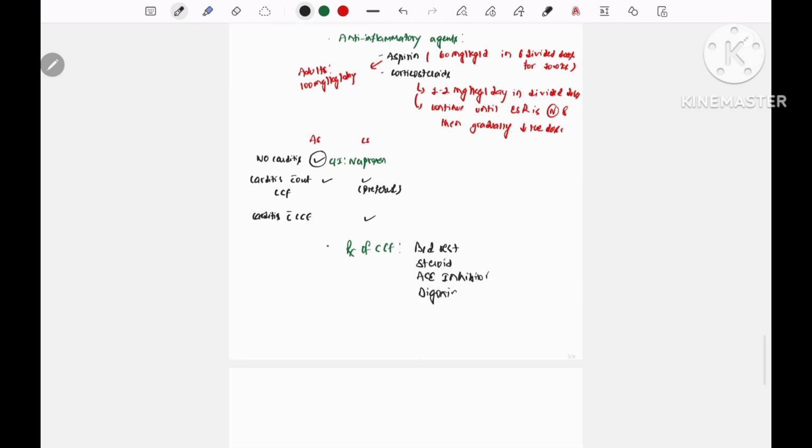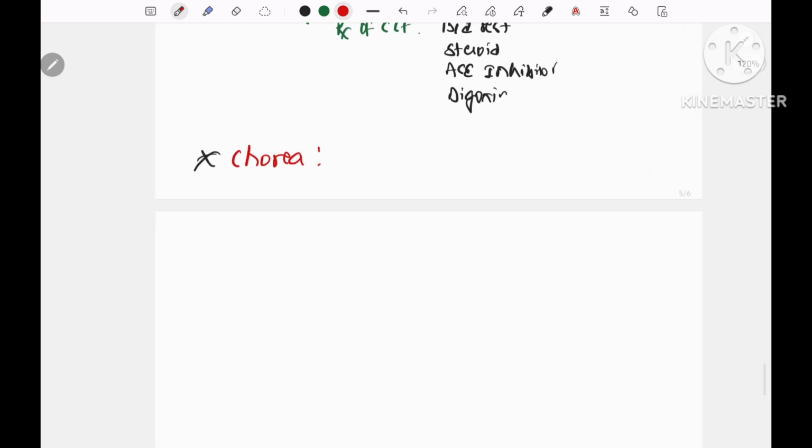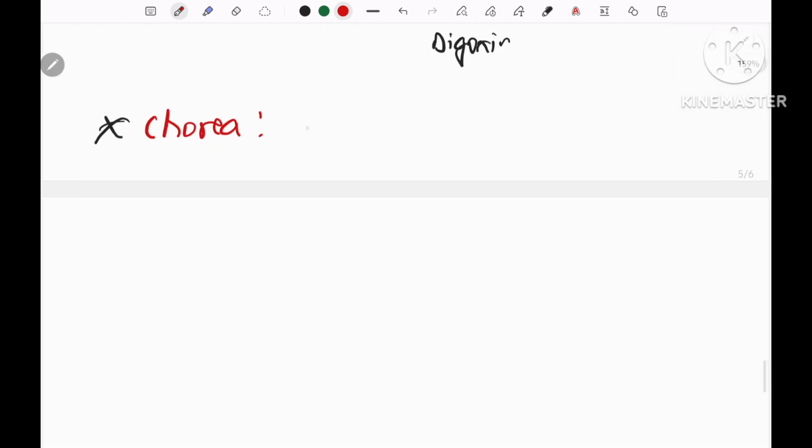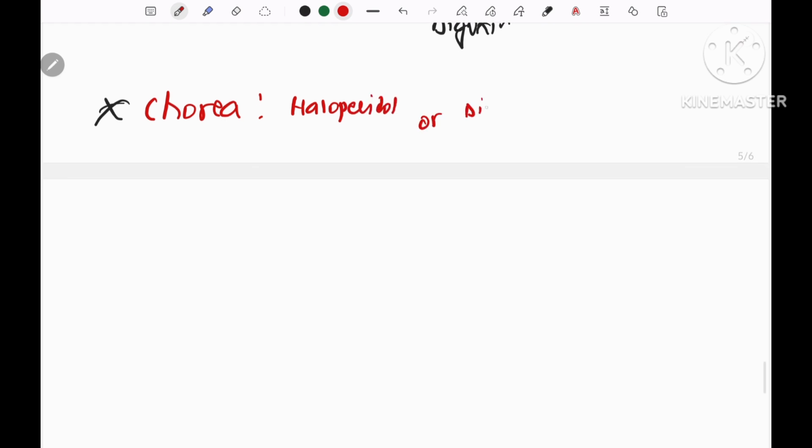Now one thing is that if chorea appears, if the patient is developing symptoms of chorea, then we have to give either haloperidol or diazepam. And if this condition gets severe, then we have to go for IV IG.